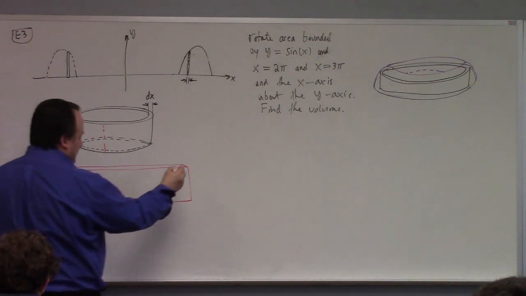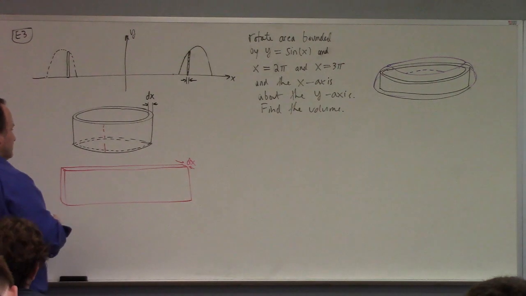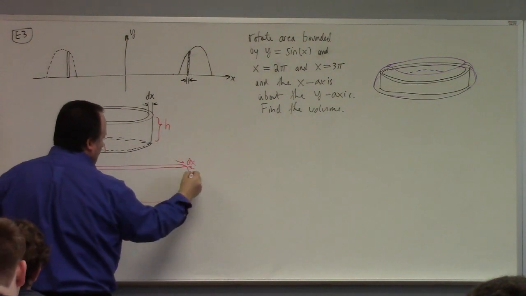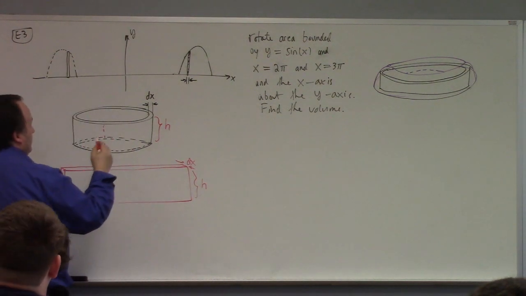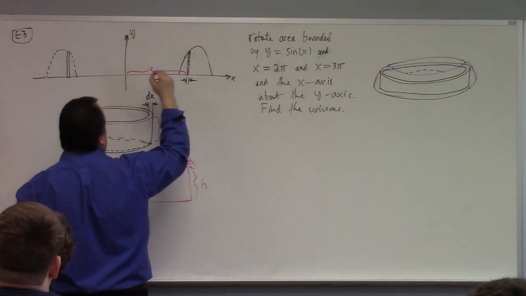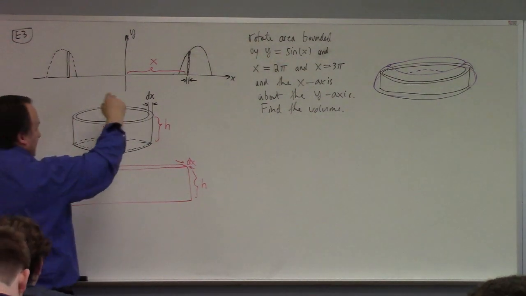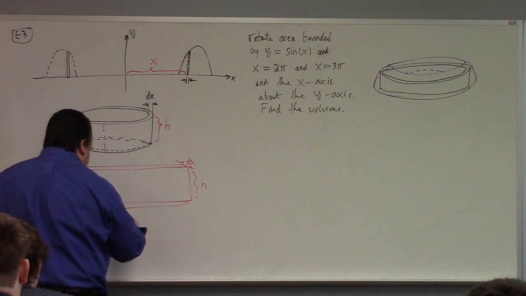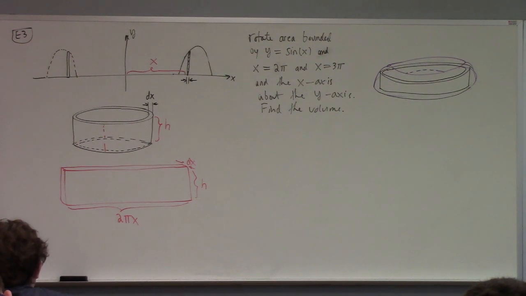That's easy enough to figure out. The thickness is dx. You've got this height here, and the radius, well, we call that x. If that's the radius, what's the length here? It's the circumference, so this would be 2 pi x. What's the height here in this example?